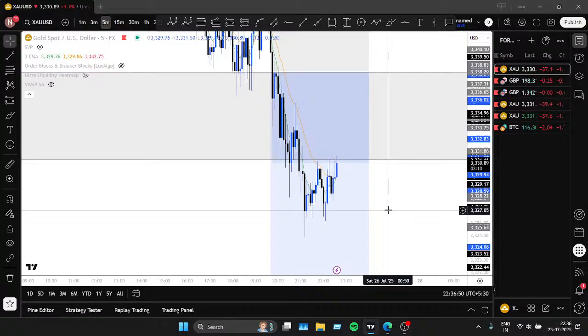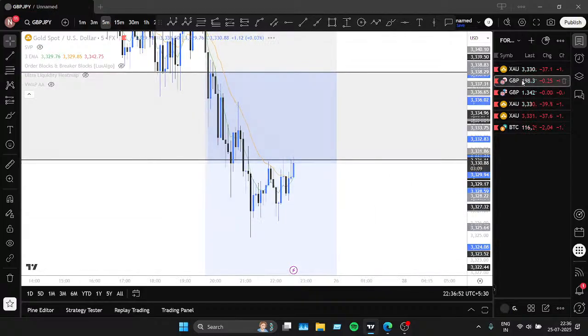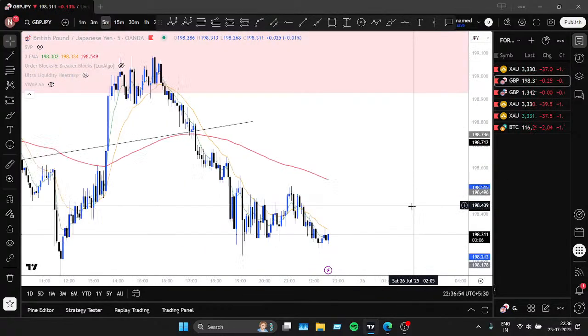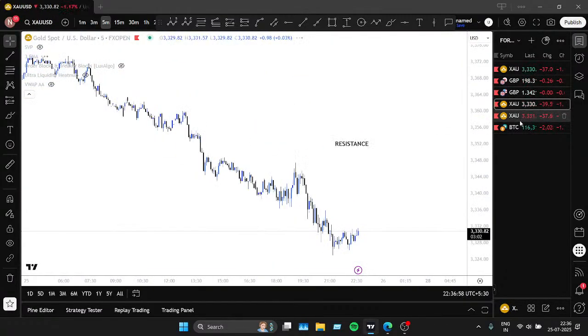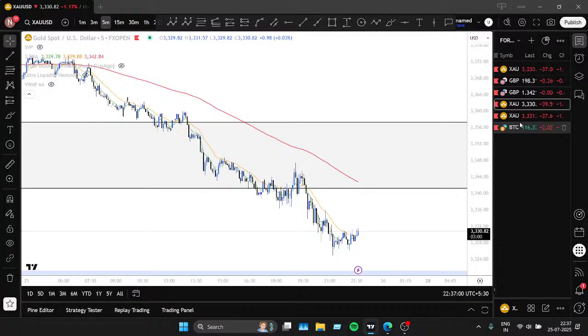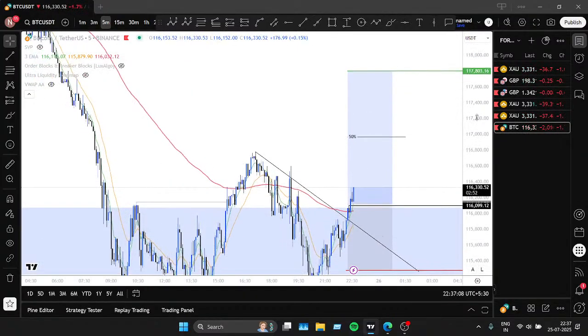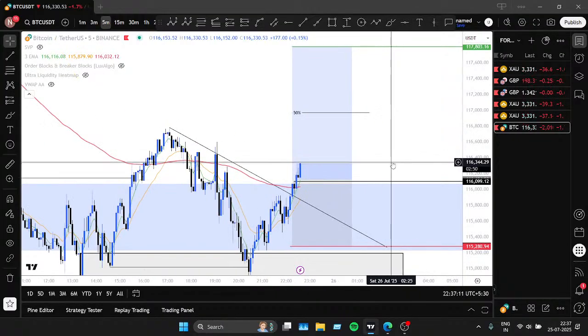I'm sure it's gonna happen. All those early buyers beneath the lows, so market is surely gonna take those lows. But right now BTC is giving a good move to the upside.